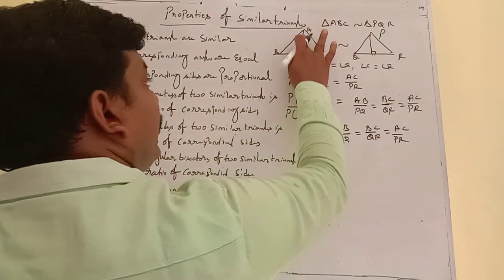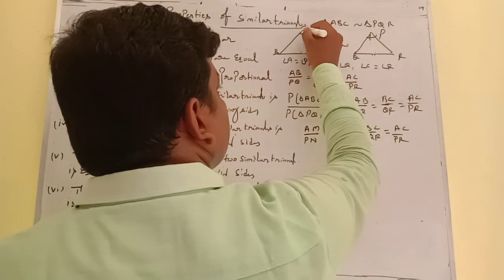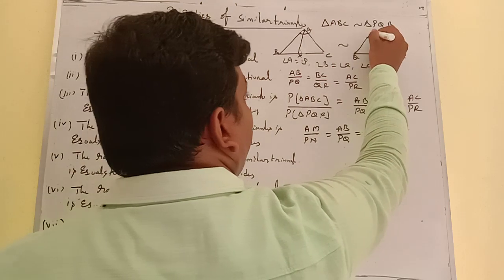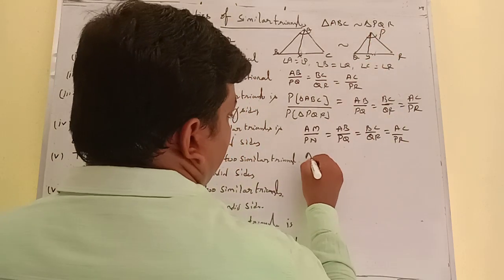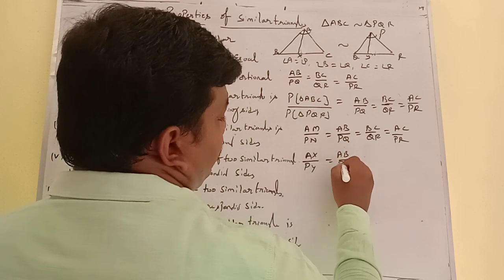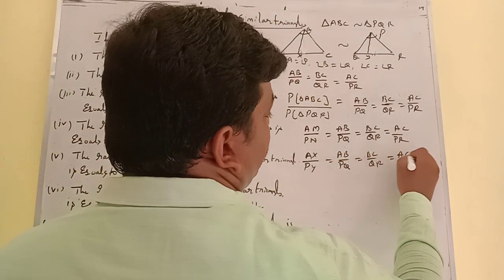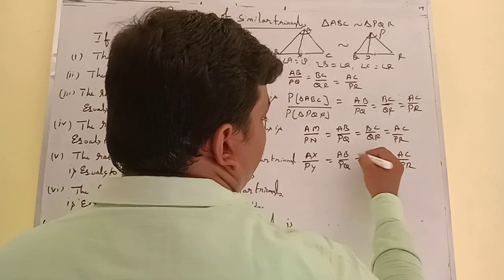Now if you take angular bisectors AX and PY, then AX by PY is equal to AB by PQ, that is equal to BC by QR, that is equal to AC by PR.